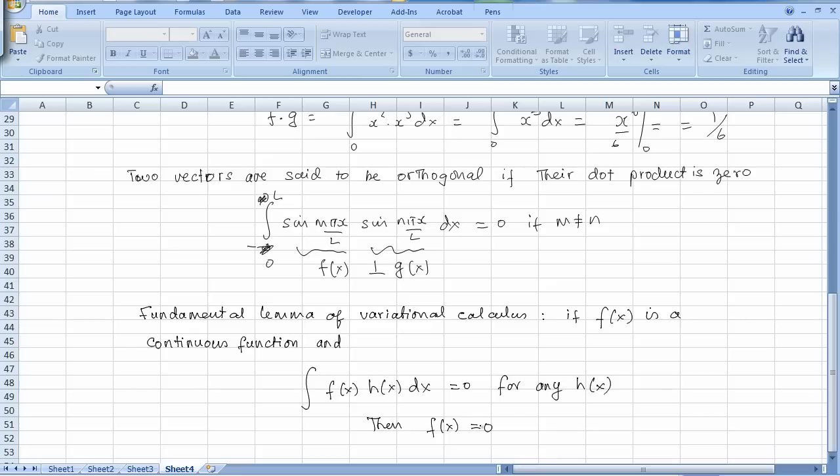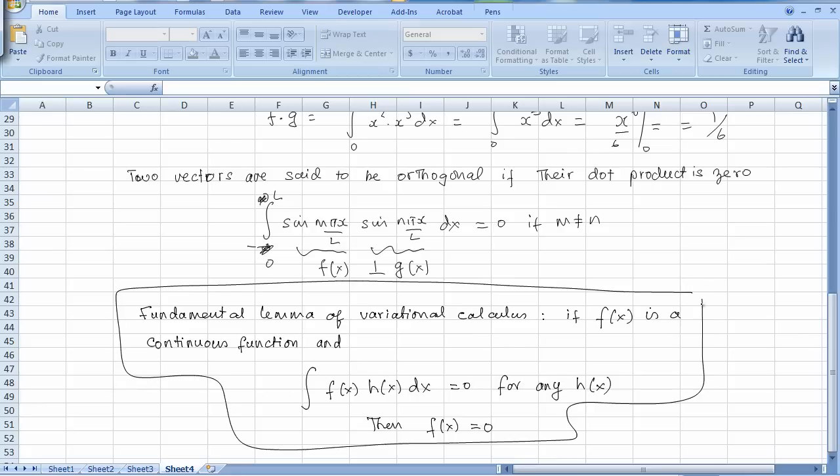So what it says is that if a function is continuous and it is perpendicular to every function we know, then that function has to be 0. This is very useful. You will see this.